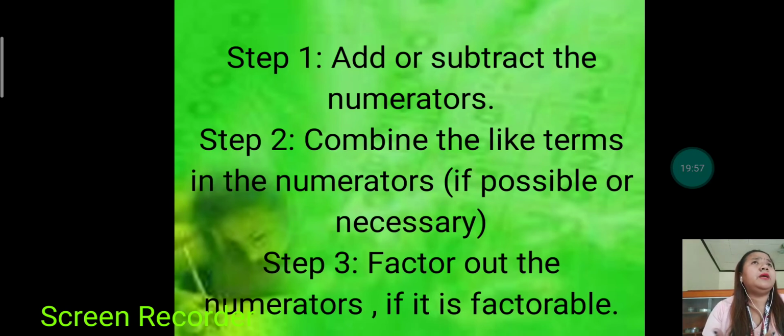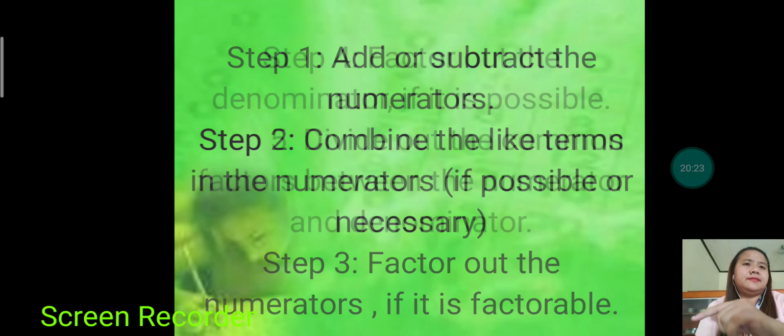Step 3, factor out the numerators if it is factorable. So, nangyayari naman yung factorization ng numerator and denominator kapag ang given natin ay binomial, trinomial. So, titingnan natin kung siya ay pwedeng i-factor. Pero kapag ang given naman natin ay monomial lamang, pwedeng hindi siya i-factor kung hindi naman talaga siya factorable. Okay, next.